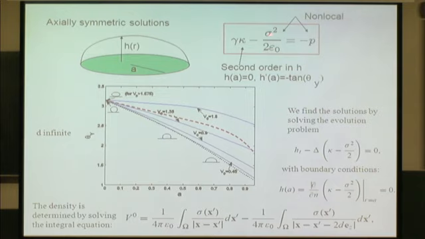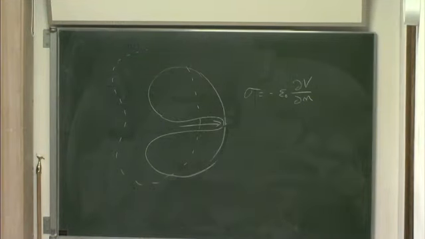The surface charge density is given by minus the electric constant times the normal derivative of the potential, which is a harmonic function also at the drop.